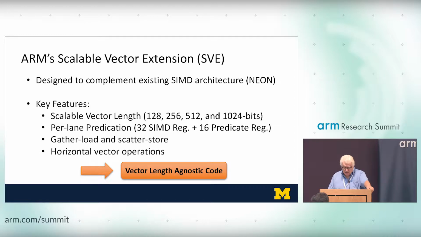And this is the thing that we were playing around with using ARM SVE, where we had the opportunity to have a variety of vector lengths from 128 up to 1024, and per-lane predication. That was a nice feature for some of the algorithms, it turns out. It also supports a gather load, scatter store mechanism. One of the things that we're doing is to see if there's any way we can improve.